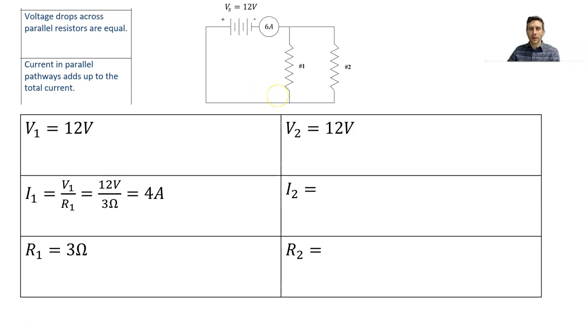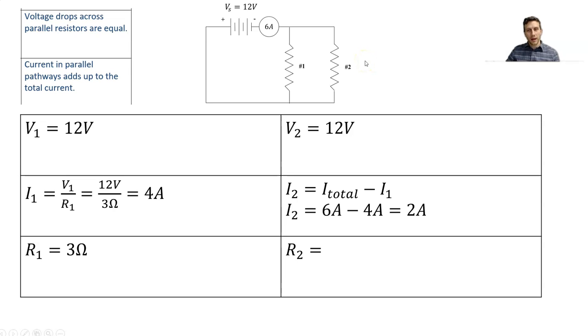So the current going through here, we can find by taking the total current and subtracting this current. So I total minus the other one. That is 6 amps minus 4 amps, and that gives us 2 amps going through here.